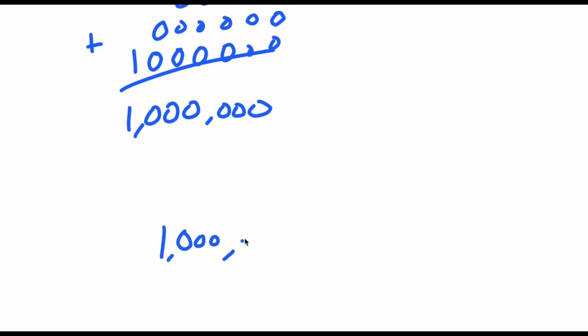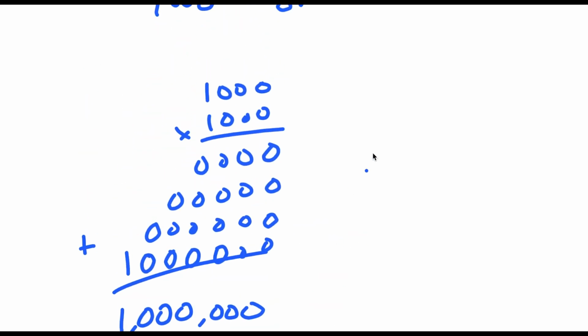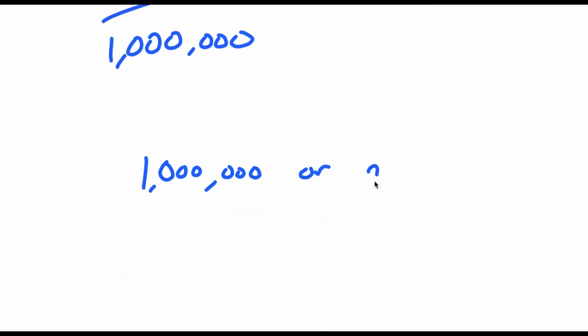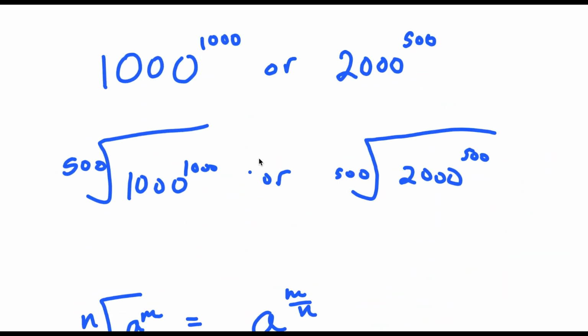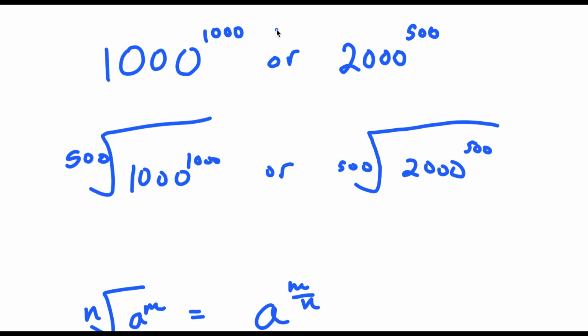So I'm basically comparing 1 million with 2,000 to the power of 1, which is just 2,000. And obviously 1 million is greater, meaning 1,000 to the power of 1,000 is greater than 2,000 to the power of 500.